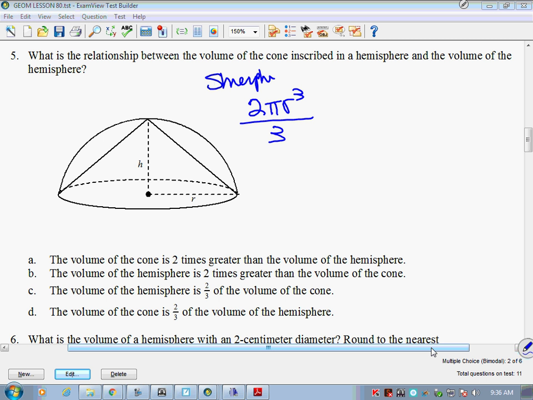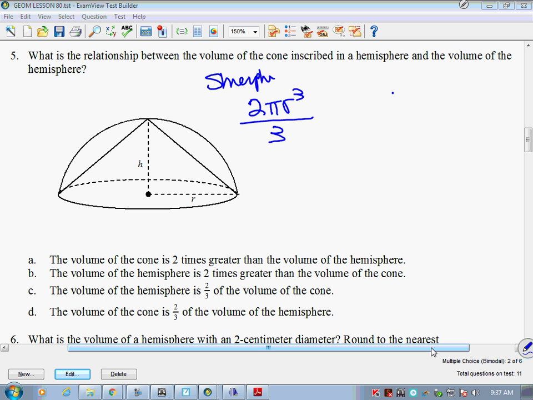But it's a cone, so what is the base? What shape is the base of a cone? A circle. So how do I find the base of a cone?